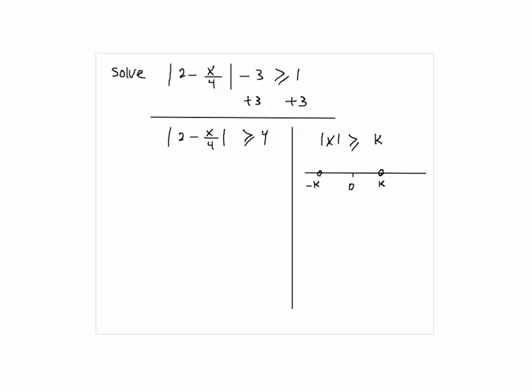k units away from 0. So it would be all the numbers to the right of k and all the numbers to the left of negative k.